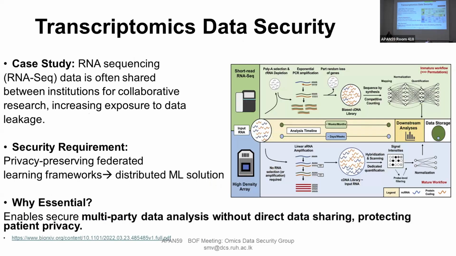In terms of transcriptomics data security, we can have some data like RNA sequence data. Yeah, you can see the research paper, this is the link at the bottom. They have used a different method. They have used some sort of distributed machine learning solution for this. It is a privacy preserving federated learning framework for securing RNA sequence data.